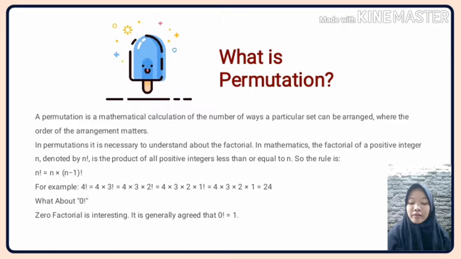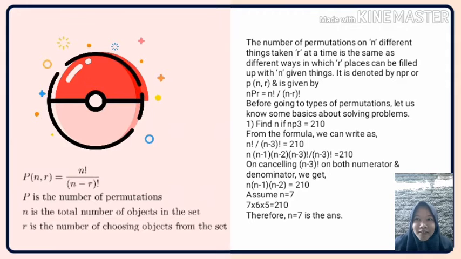What about 0 factorial? 0 factorial is interesting. It is generally agreed that 0 factorial equals 1. The number of permutations of n different things taken r at a time is the number of different ways in which r places can be filled up with n given things.